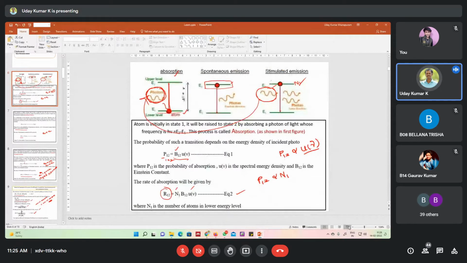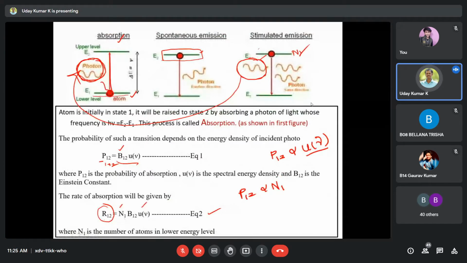See this stimulated emission process. Now imagine what is happening when the atom, or electron, is at the higher energy level here. When a photon comes and interacts while it is in the higher energy level, two photons will be emitted.